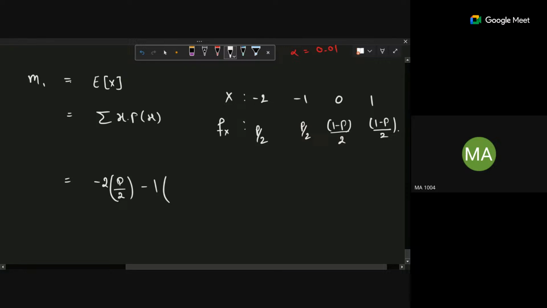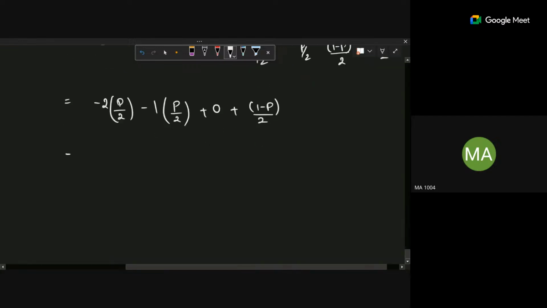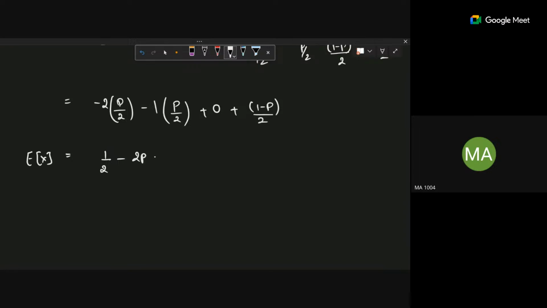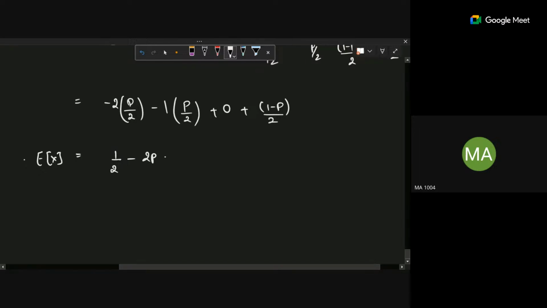This is nothing but -1 into p by 2, plus 0, plus 1 into 1 minus p by 2. Once you solve this completely, you will get a value like someone has said, 1 by 2 minus 2p, right? That will be your expected value of X, or first moment, M1.